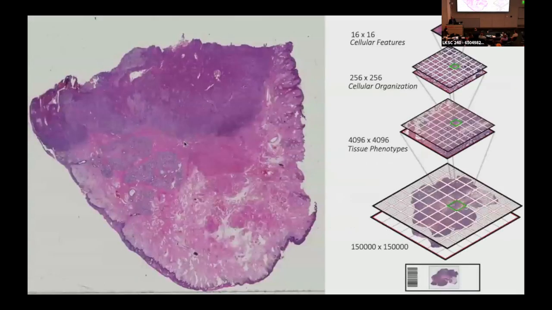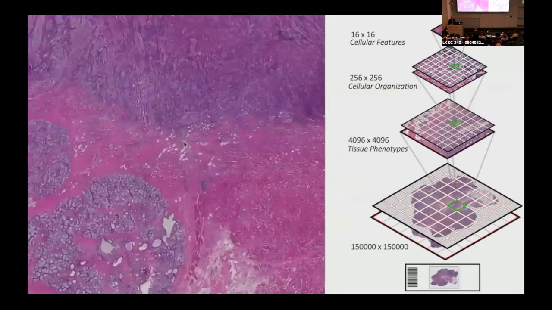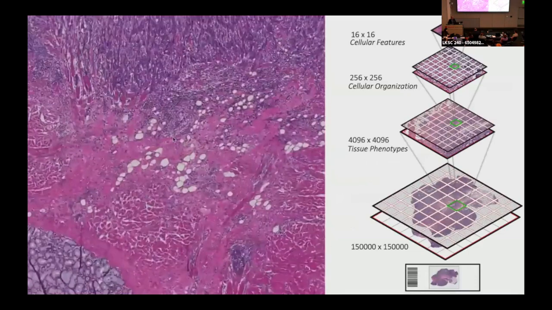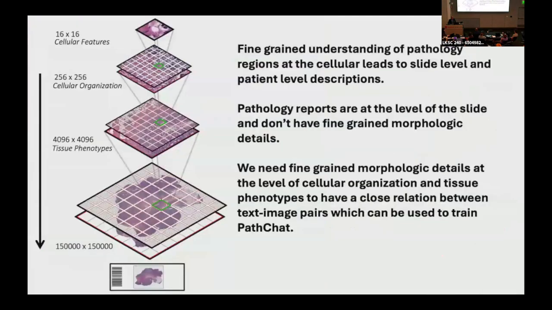So our philosophy around building this has been that pathology images are obviously hierarchical. They harbor information at many levels. So we want to have image-text representations at all of these levels, but pathology reports don't necessarily have that information. Pathology reports have information at the level of the whole slide. So the philosophy is that fine-grained understanding of pathology at the cellular level leads to slide-level and patient-level descriptions, which makes a lot of sense.